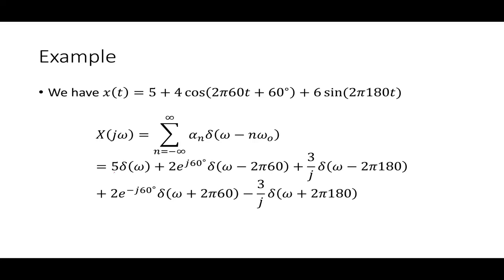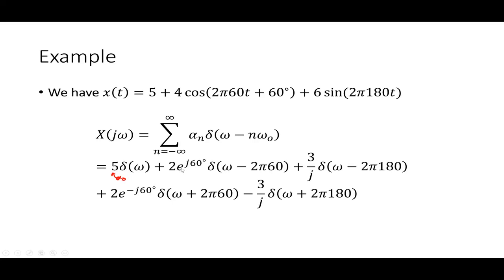So here's my alpha 0. Unpack the first term for a second. Delta of omega: when omega is equal to 0, this impulse has an area of 1. So it basically says that at the frequency omega equal to 0, the energy I have there has amplitude 5.